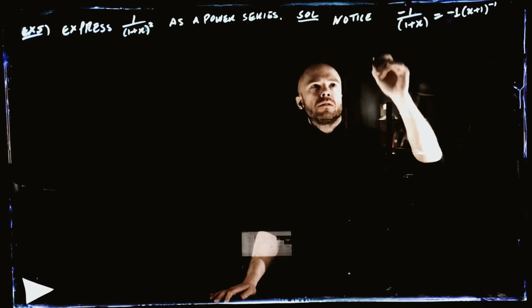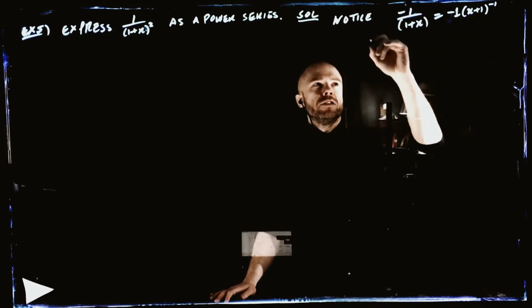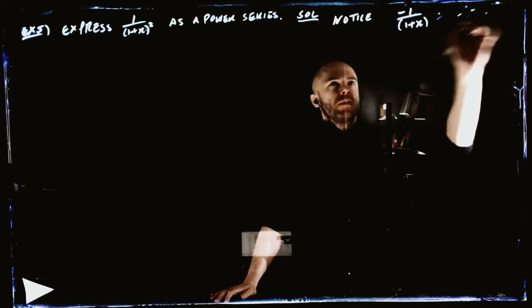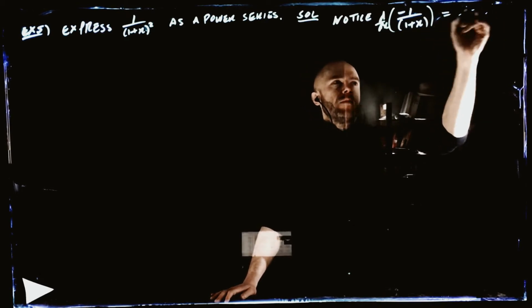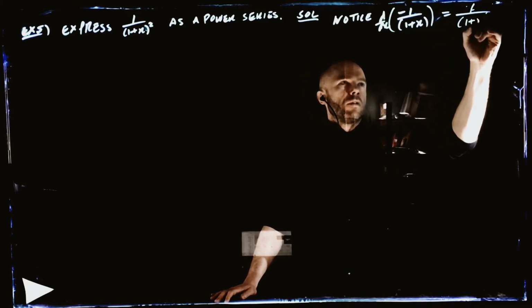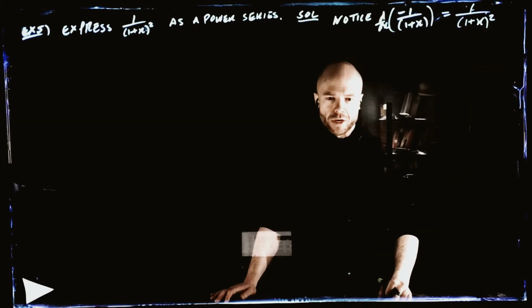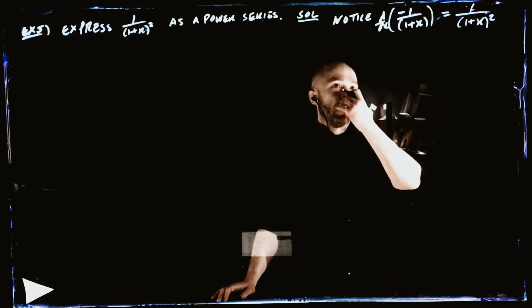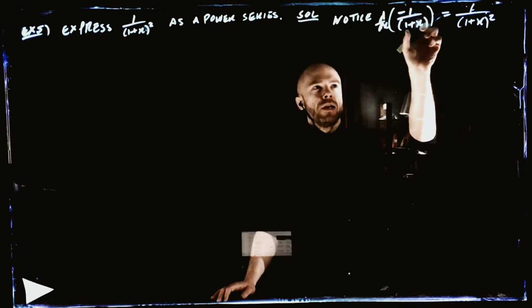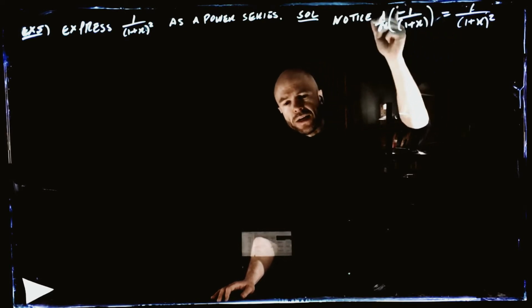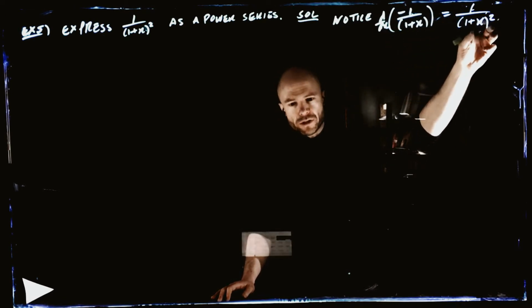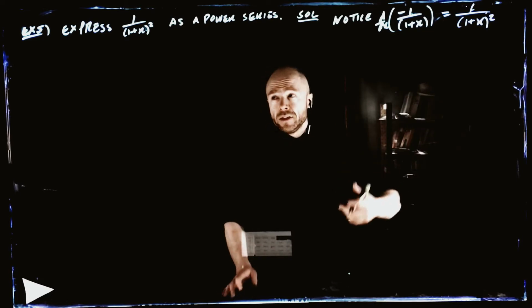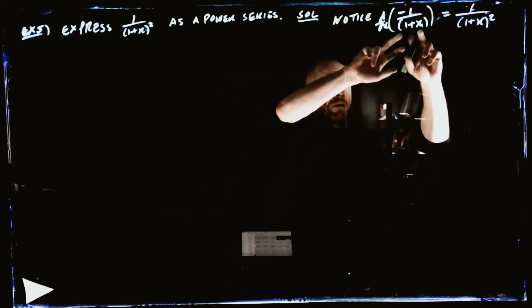If we take the derivative of this, then it exactly becomes the thing we're looking for, by the chain rule, or by the power rule. So we differentiate x plus 1 to the minus 1: the minus 1 comes down, the minus 1 becomes positive, and we have 1 plus x to the minus 2, which is this. So when we differentiate this thing, we get this thing.